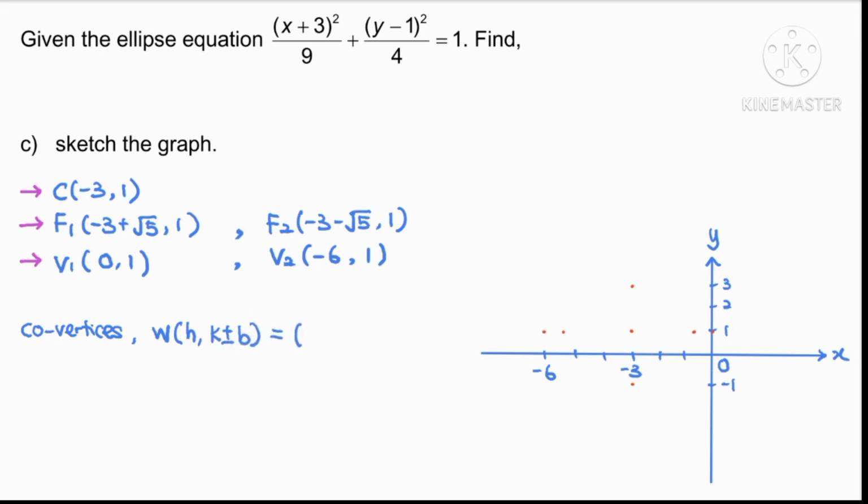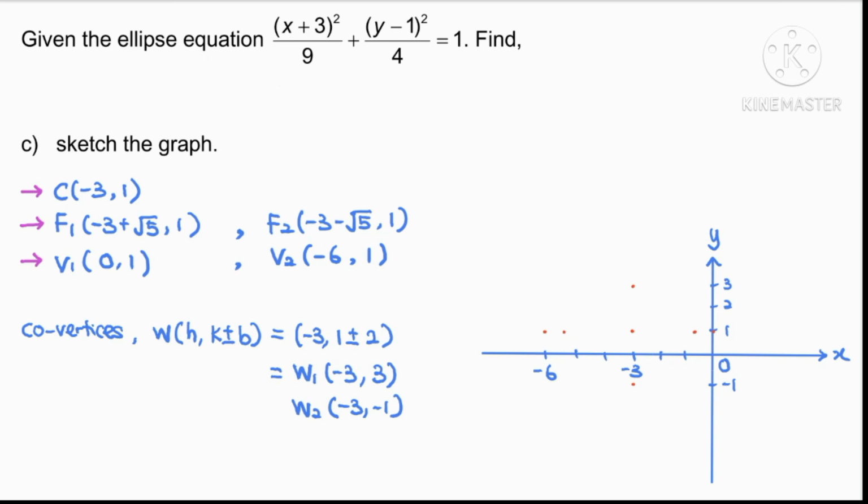So we put in the values, h is −3, k is 1, plus or minus b, which is 2. So here we have two coordinates. The first one, W1, is −3, 1 plus 2 is 3. And the second coordinate is −3, 1 minus 2 is −1.